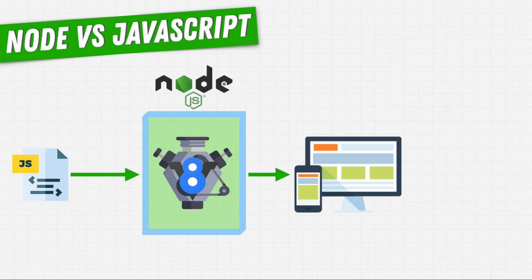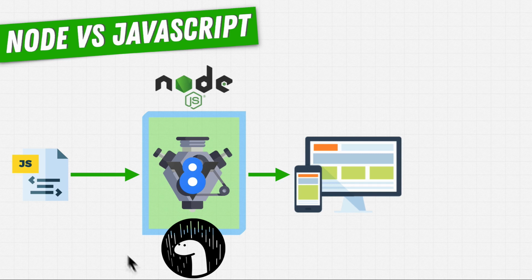Now, there are other JS runtimes available now, like Deno, which uses the V8 engine similarly to Node.js. And there's even ways of running Node.js using other JavaScript engines. So there's a way of plugging in the Chakra engine from Microsoft to power Node.js.